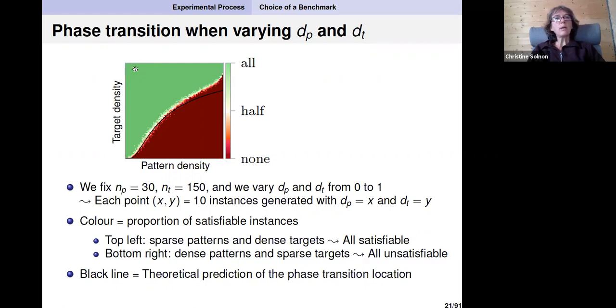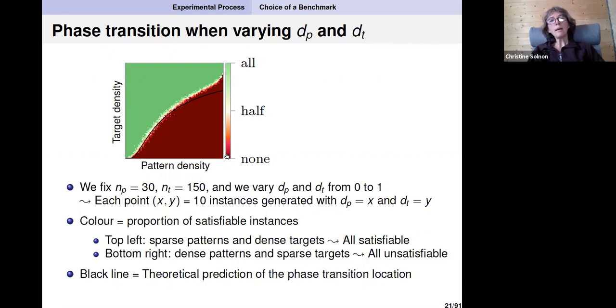So for example, on the upper left corner here, all instances are feasible because I have patterns with only very few edges and targets with a lot of edges. Whereas here on the bottom right corner, I have infeasible instances because I have patterns with a lot of edges and targets with very few edges.